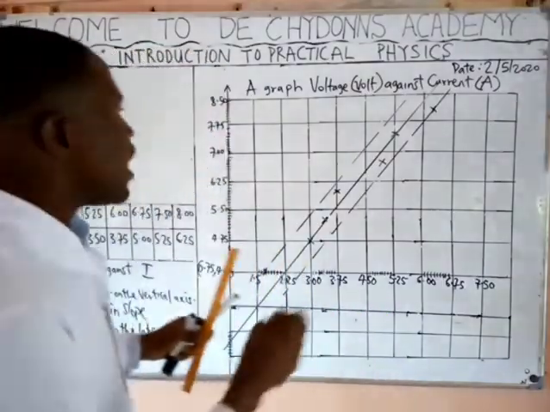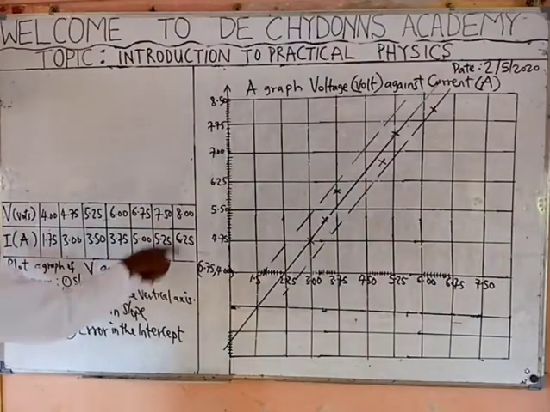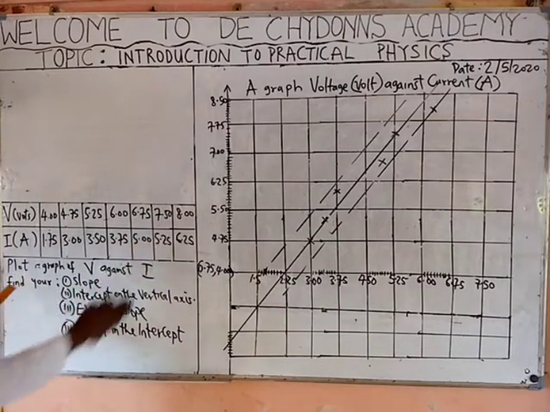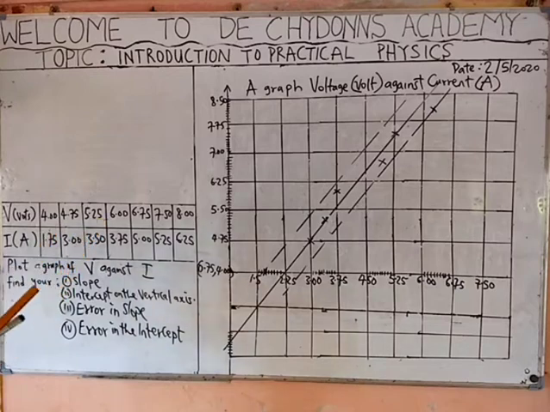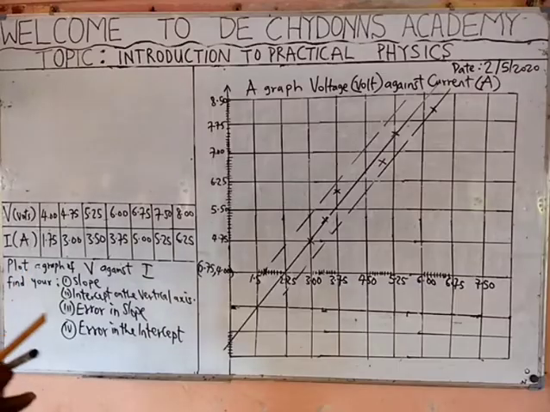Okay? Now, look at the question given to us. We finished running an experiment on electricity, and we got these values or readings. They said, plot a graph of V against I. Find your slope, intercept on the vertical axis, error in slope, and error in the intercept.